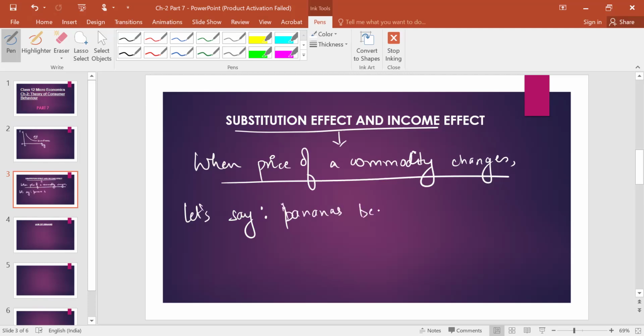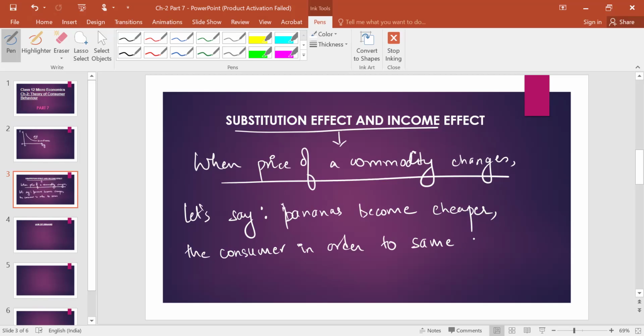I'm just taking the same example that we have in the textbook. So bananas become cheaper. What happened? Now the consumer can consume more bananas because the bananas have become cheaper.